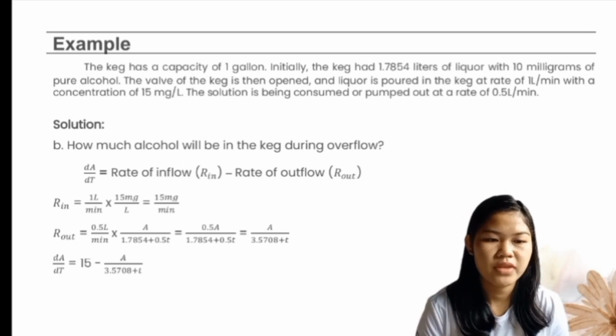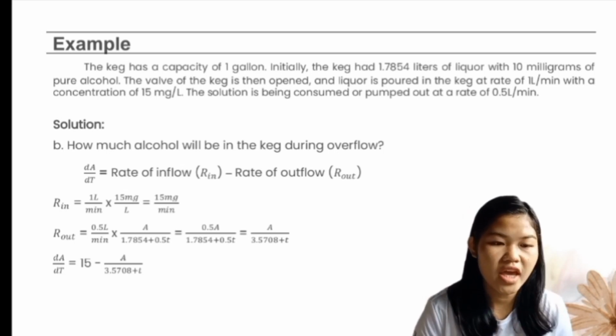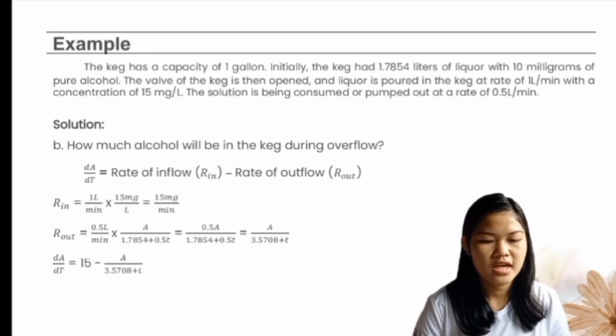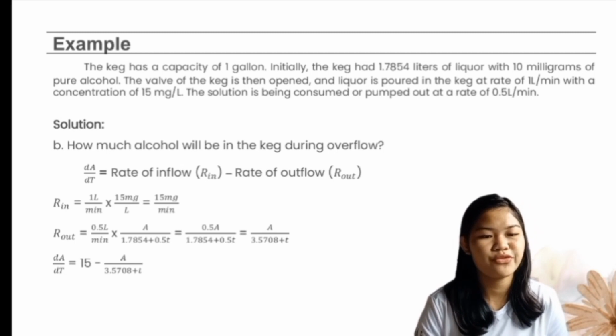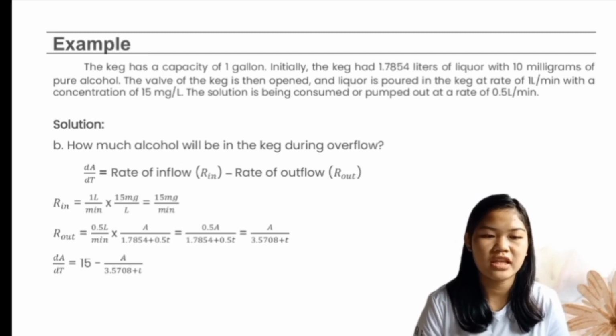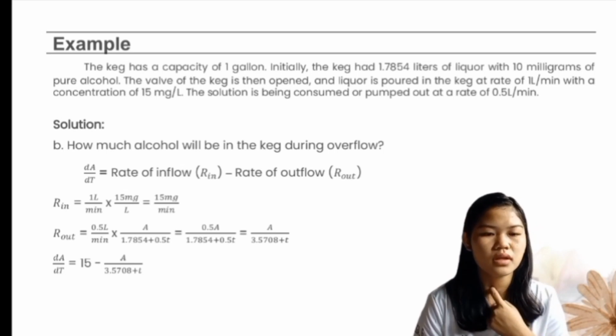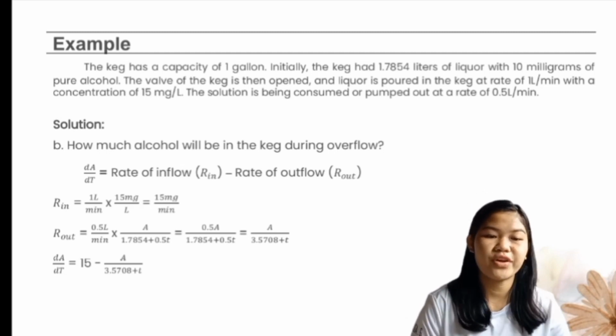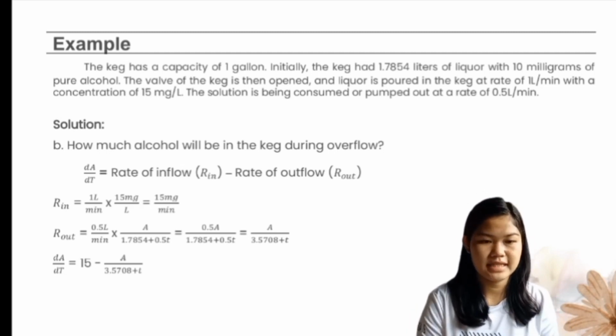So we have here A over 1.7854 plus 0.5 t. That's why we get 0.5 A over 1.7854 plus 0.5 t. Then simplifying by 0.5, we have A over 3.5708 plus t.